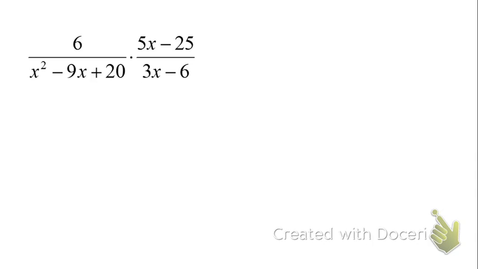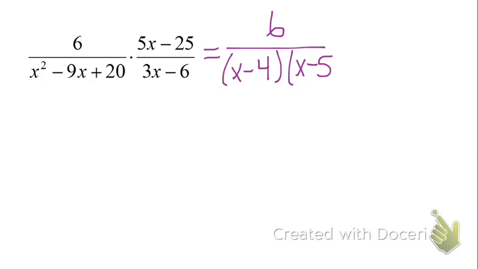Okay. One more here. This one's multiplication, so we don't have to keep, change, flip, or anything like that. We just factor. We can't really factor 6 because it's just a number. But on the bottom, multiplies to give me 20 and adds to give me 9 is negative 4 and negative 5. Then we've got 5x minus 25. I can bring out a 5.